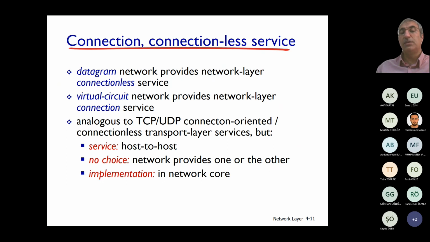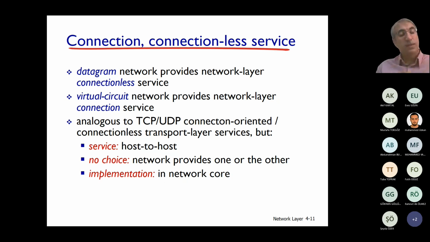It's pretty similar to TCP and UDP, the connection-oriented and connectionless transport layer services. Remember, at the transport layer, TCP was a connection-oriented service and UDP was a connectionless transport layer service. Similarly, we have a connectionless network layer service, which is the datagram network, and a connection-oriented service at the network layer, which is the virtual circuit network.